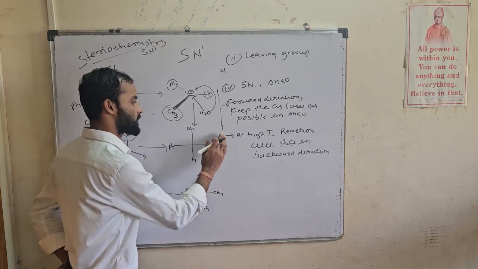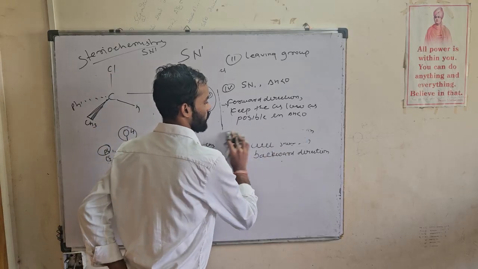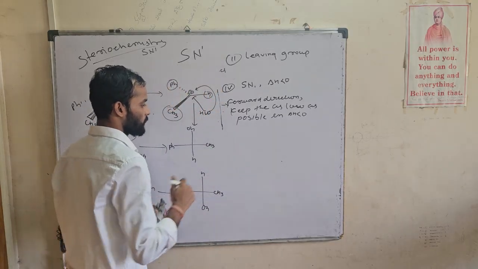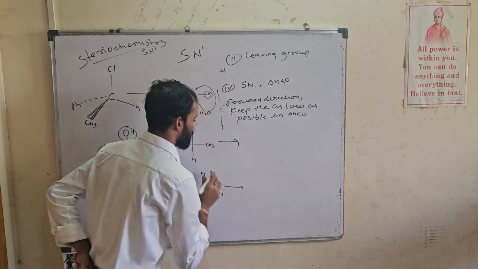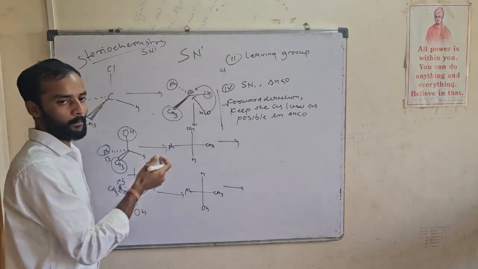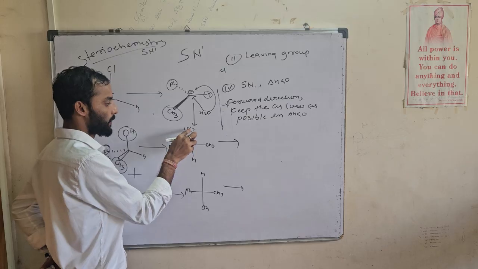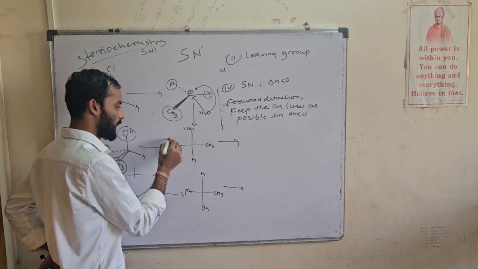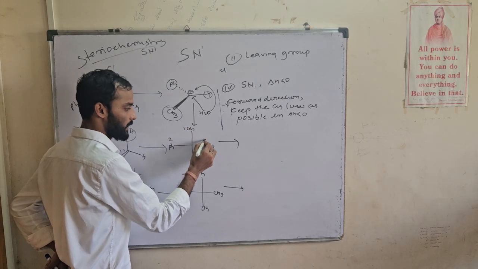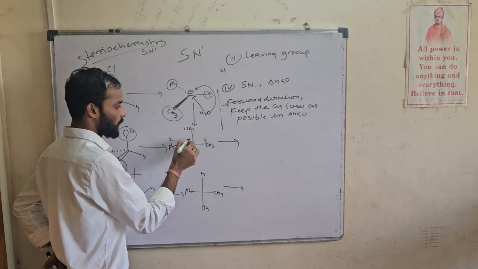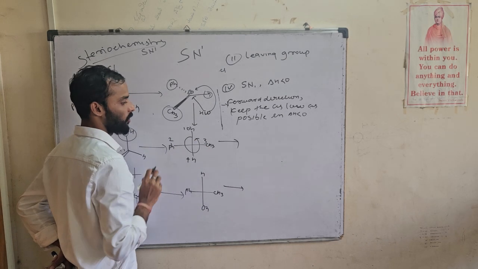Now we have to find its configuration. To find the configuration, we assign numbers according to priority order. We give OH priority 1, methyl 2, phenyl 3 and hydrogen 4. It will move in the anti-clockwise direction.